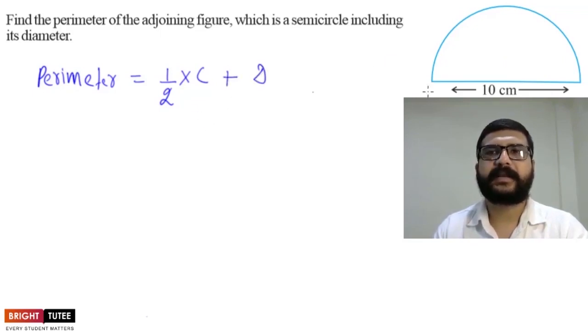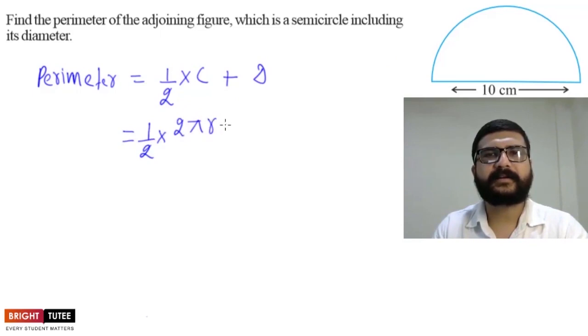the diameter. Now diameter is given as 10, so radius will be 5, that is half of the diameter. So it means perimeter is equal to half of circumference, which is 2 pi r, plus D, and D is 10 here. Now we can simplify this. 2 ones are 2, 2 ones are 2. So we need to put the value of r here now.